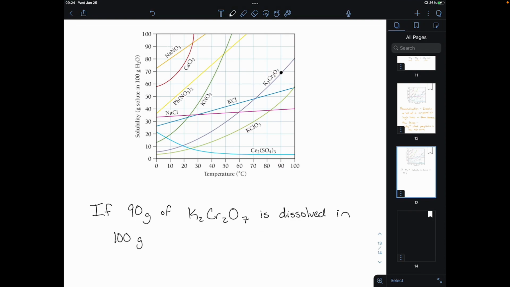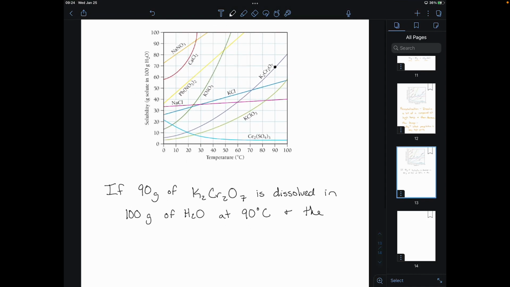If 90 grams of potassium dichromate is dissolved in 100 grams of water at 90 degrees Celsius, and the temperature is decreased to 20 degrees Celsius, how much solid will precipitate?